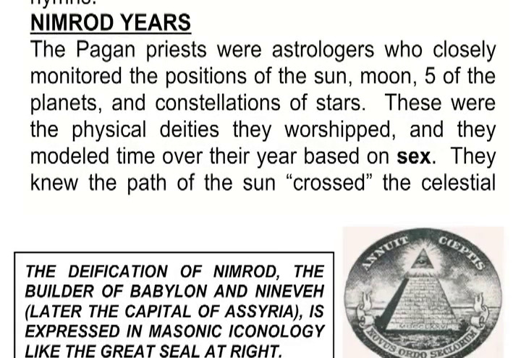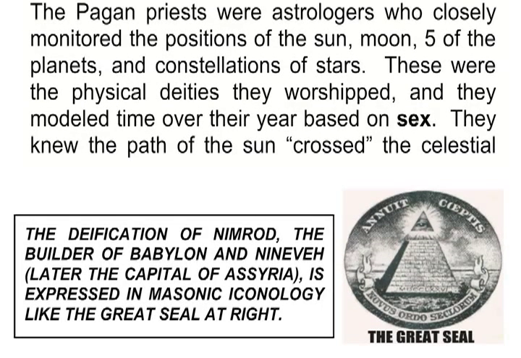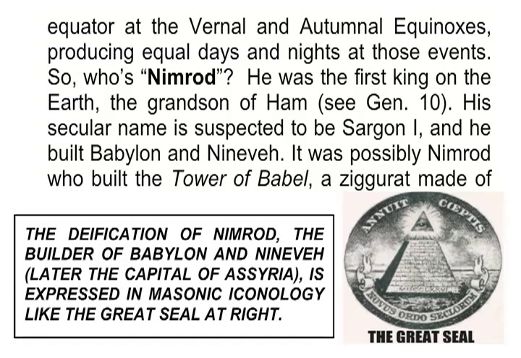The pagan priests were astrologers who closely monitored the positions of the sun, moon, 5 of the planets, and constellations of stars. These were the physical deities they worshipped, and they modelled time over their year based on sex. They knew the path of the sun crossed the celestial equator at the vernal and autumnal equinoxes, producing equal days and nights at those events.